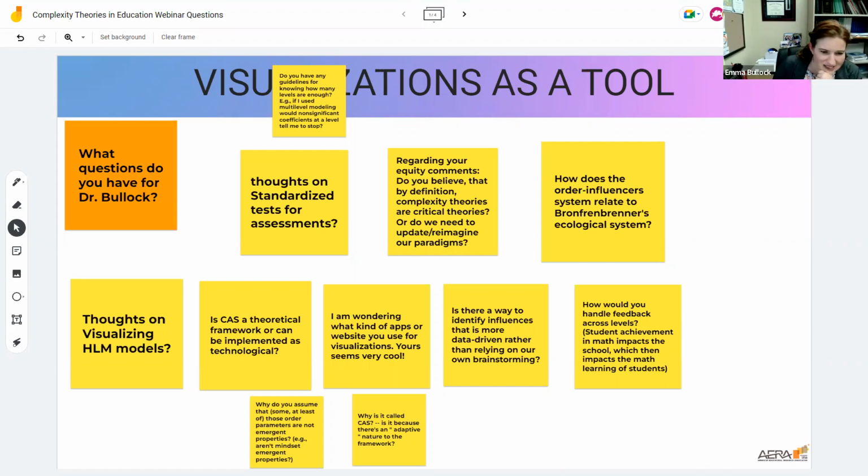Why do you assume that at least some of those order parameters are not emergent properties? For example, isn't mindset emergent? We could probably have a discussion about that, right? Because you do have feedback loops and you do have people dynamically changing their mindset internally.